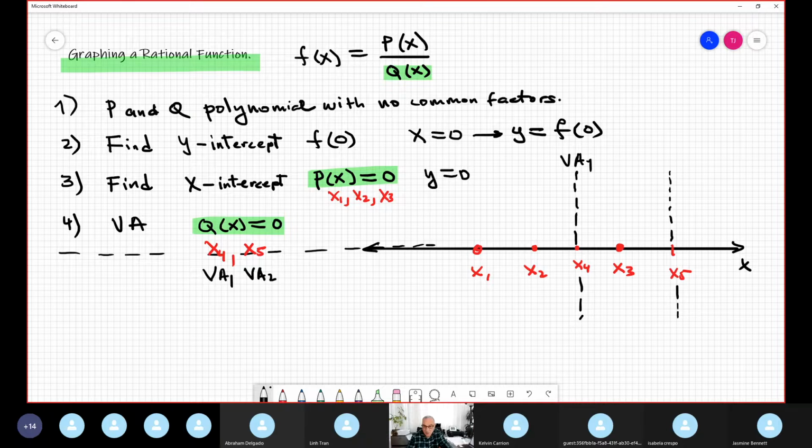Okay, so in this moment we have important information about the partition of the x-axis. So now, in the last point, which is number 7, is determine or plot additional points, extra points we need to complete the process.